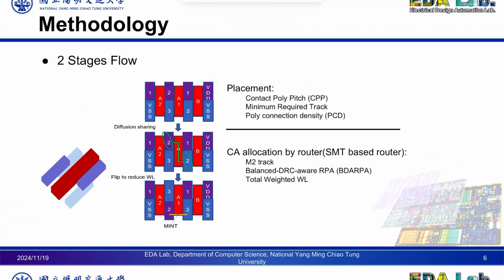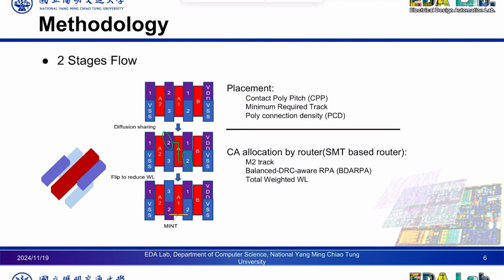Let's talk about the methodology we use to build our cell synthesis flow. We take a two-stage flow to synthesize, and we optimize the cell area and some density criteria in the cell placement stage.